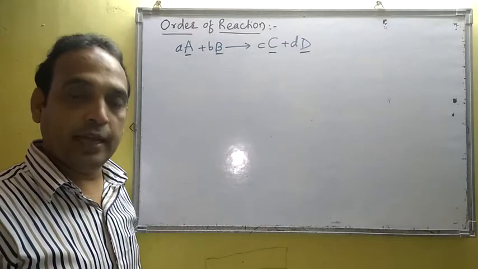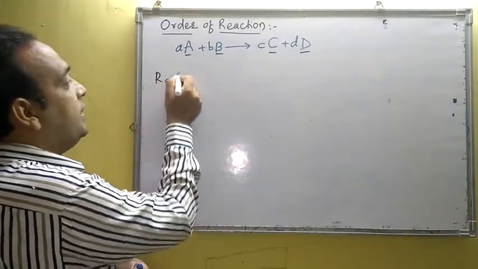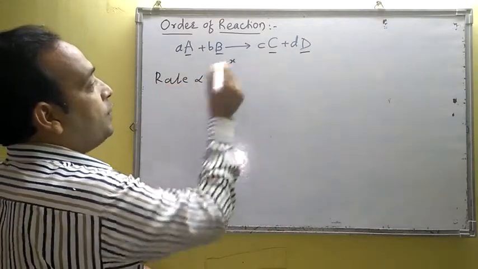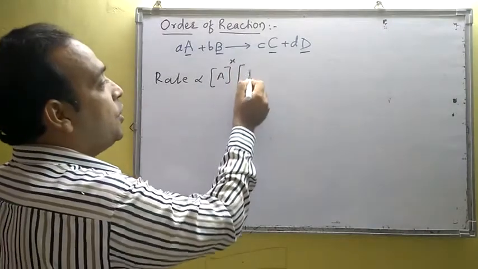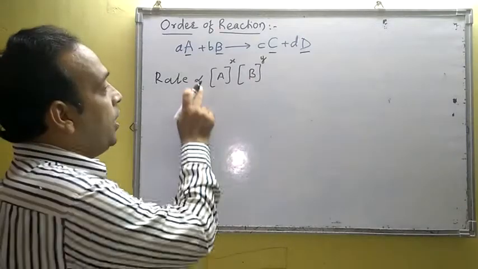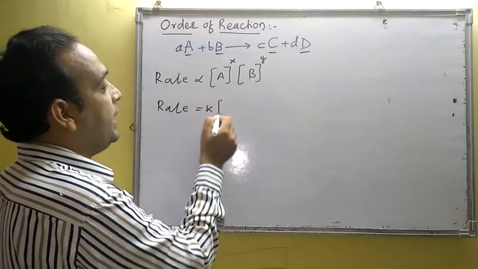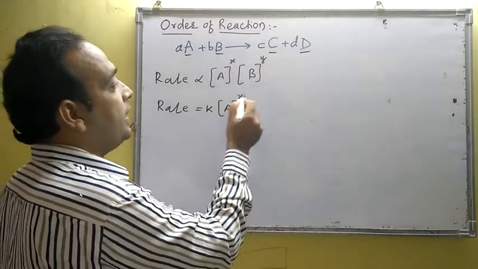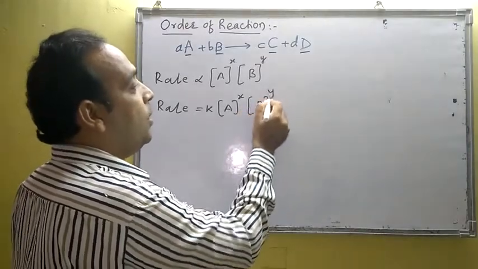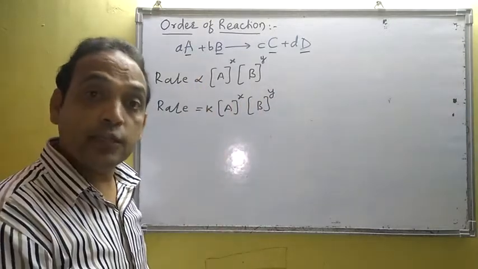We will write: rate is proportional to concentration of A raised to the power x into concentration of B raised to the power y. Now remove proportional, so we can say rate is equal to K into concentration of A raised to the power x into B raised to the power y, and this x and y are calculated experimentally.